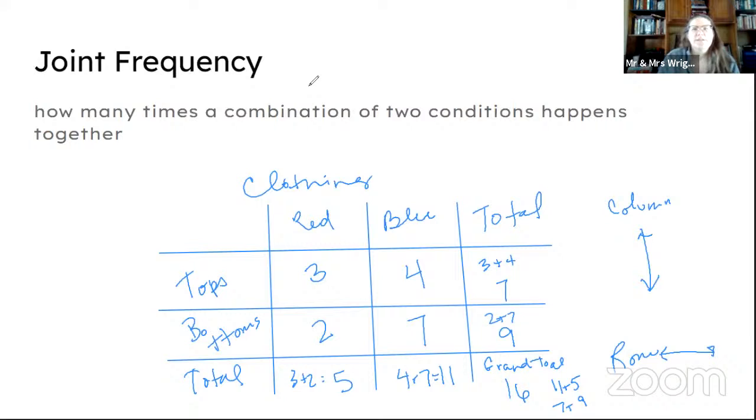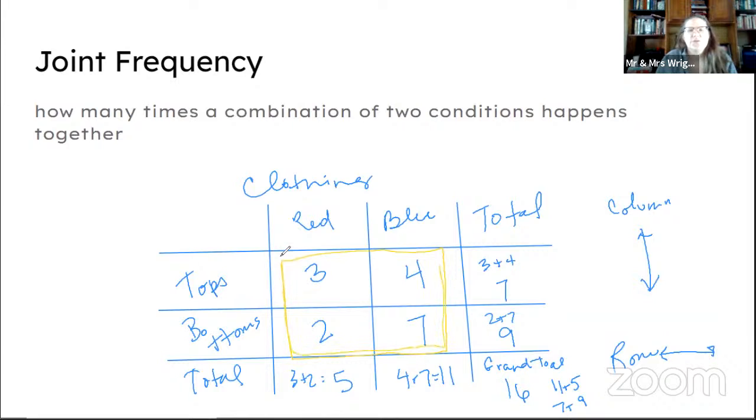Joint frequency. Okay, so joint frequencies is this data right here in the yellow box. Okay, these are called the joint frequencies. So anything that you counted up, all the red tops, all the blue tops, all the blue bottoms, those are the things you actually counted up.